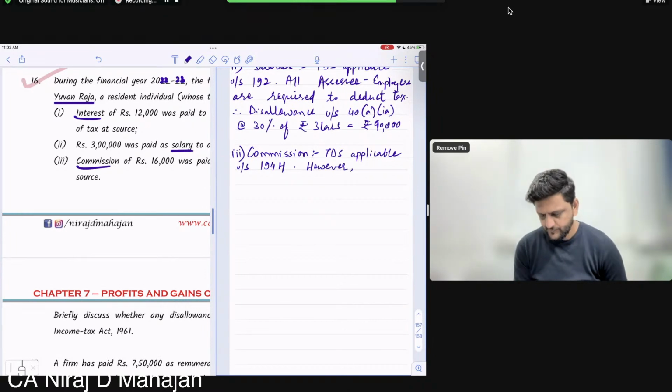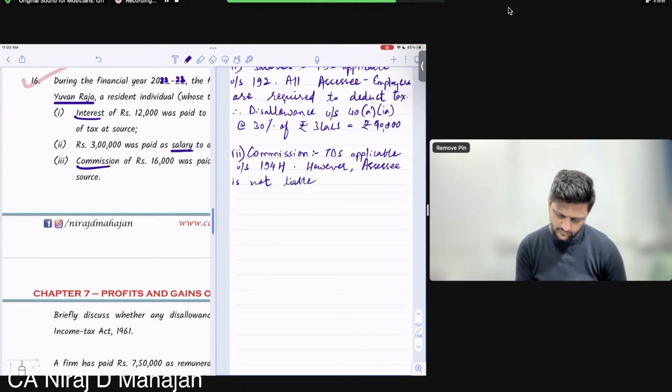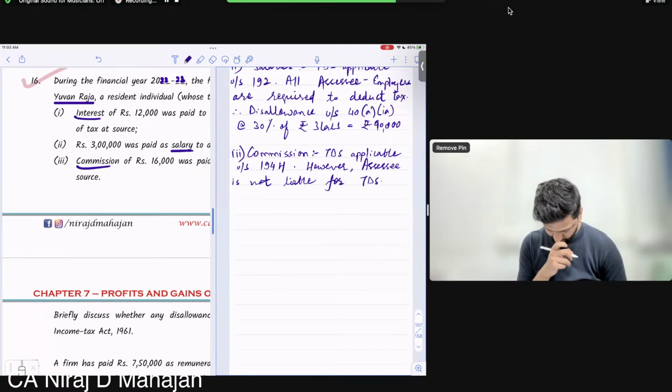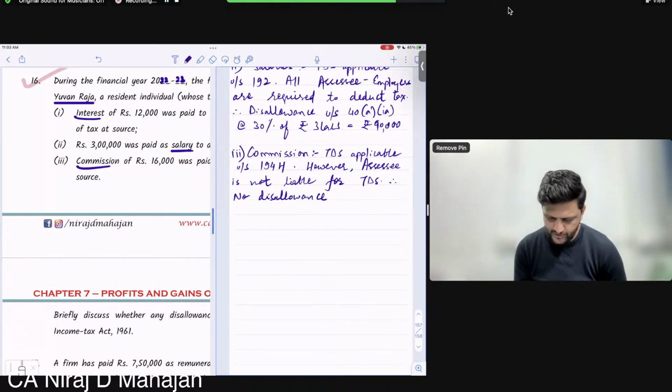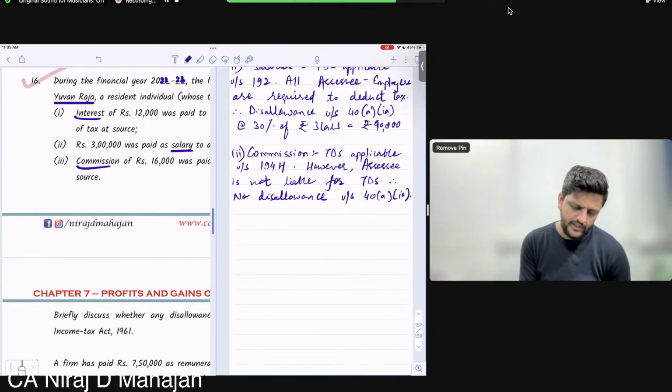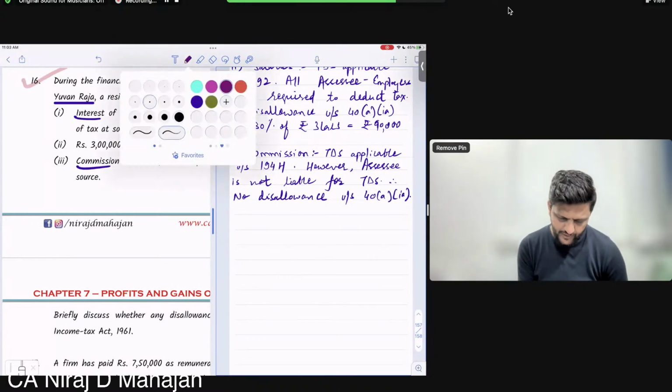However, the assessee is not liable for TDS. Therefore, no disallowance under section 40A(1a).